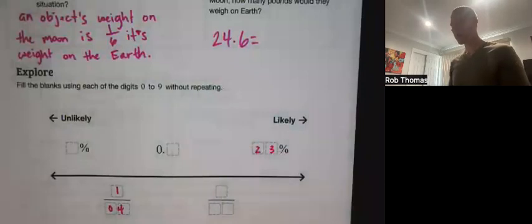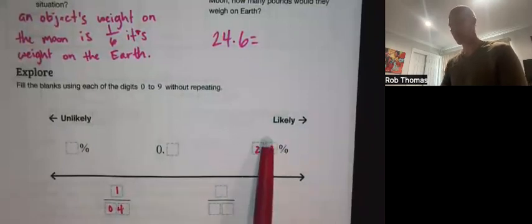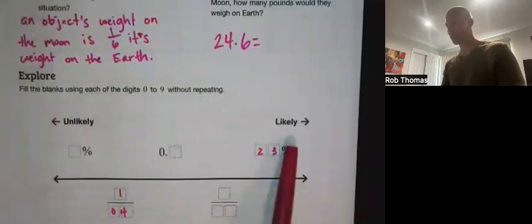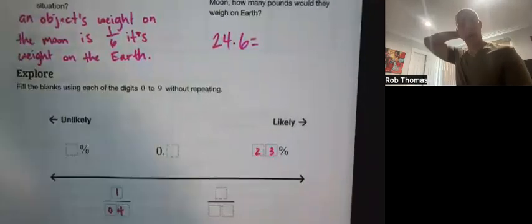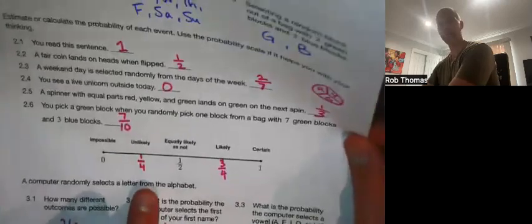This would be wrong because 1/4 is equal to 25%. And you can't put something lower, 23%, way over here in the likely zone compared to here. So whatever goes here should be really small, close to 0, because it should at least pretty closely mimic this.